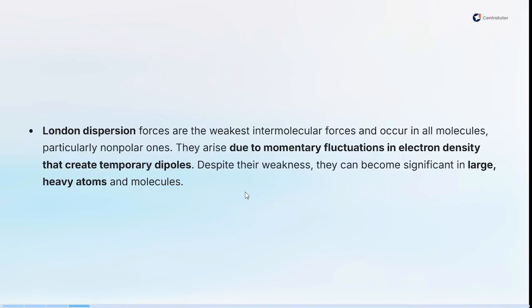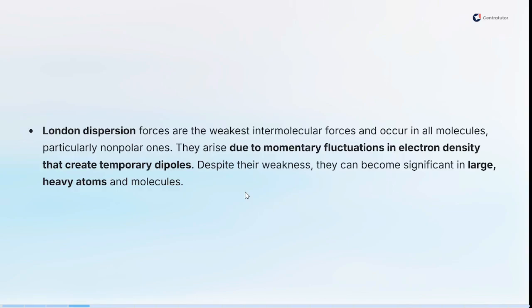This kind of fluctuation in electron density gives a temporary dipole to that molecule, and it leads to the existence of London dispersion forces. Despite their weakness, they can be significant in large or heavy atoms or molecules.